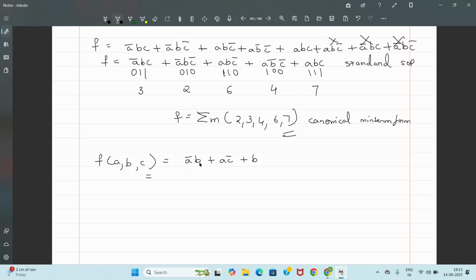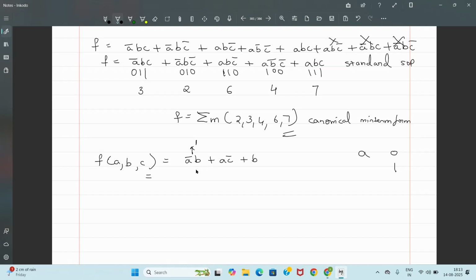Now just check. In the first term, you have only one variable that is missing. If I say A, a single variable, what are the possible binary values this A can take? The A can either be 0 or it can be 1, which means you have two possible values for one variable. So similarly here, in this term, there is only one variable that is missing, which means it can be either a 0 or it can be a 1.